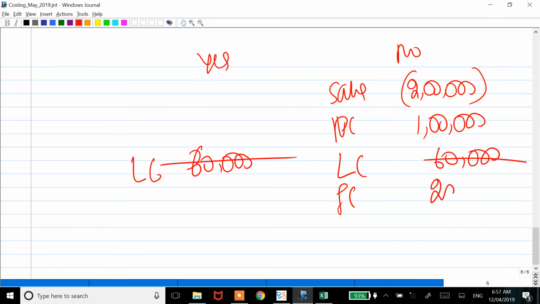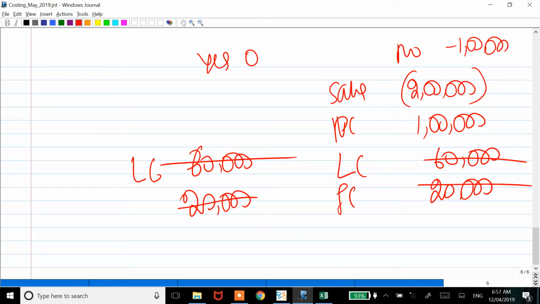Fixed cost 20,000 on both sides, so it is 0 because you are anyway going to absorb it in this job or in some other job. Again it gets cancelled. So the relevant here is 0. The total this side is 0. The total this side is minus 1 lakh. And relevant is yes minus no. 0 minus of minus 1 lakh became plus 1 lakh.